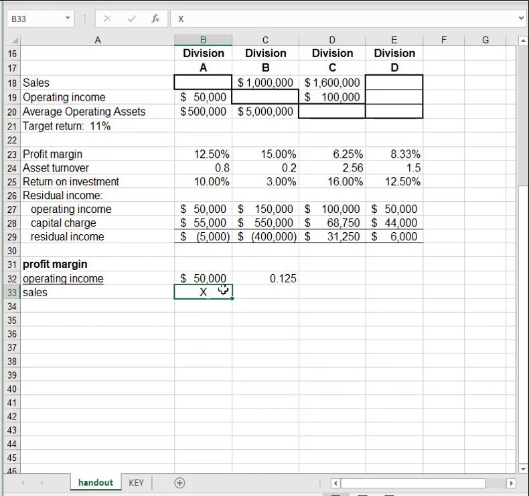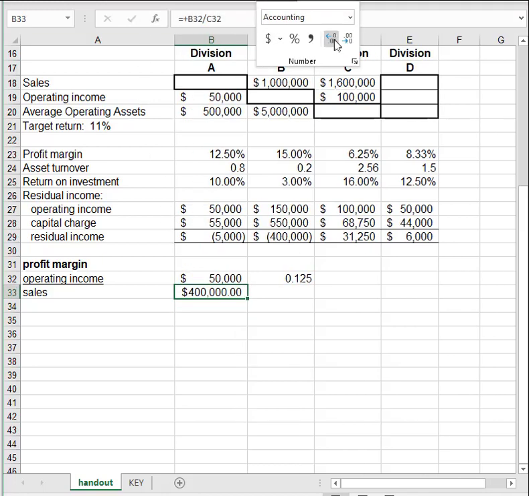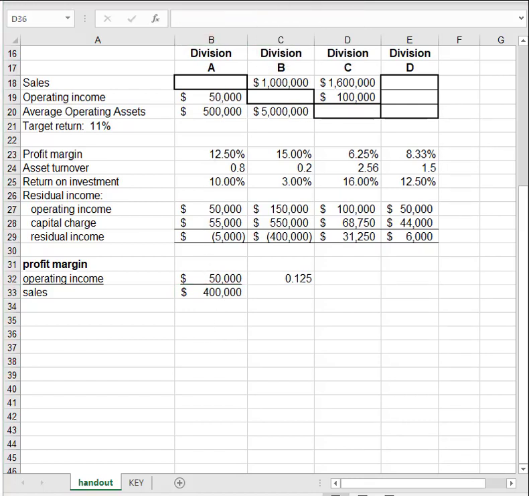I can cross multiply X times the 0.125, so that's 0.125X equals 50,000, and then divide both sides by the 0.125. So I get 400,000. I'm going to format that nicely for you. There you go. So sales is 400,000.